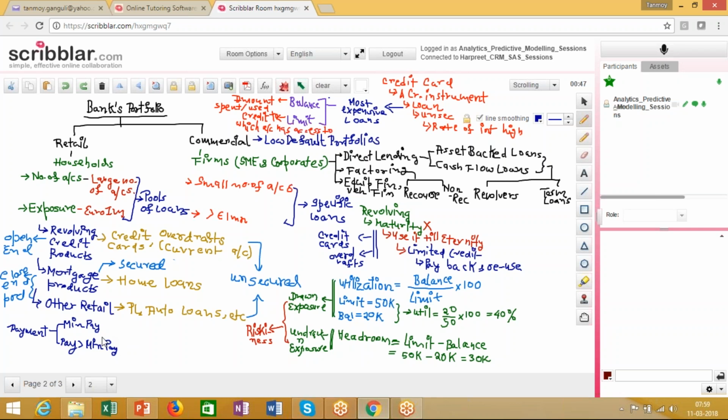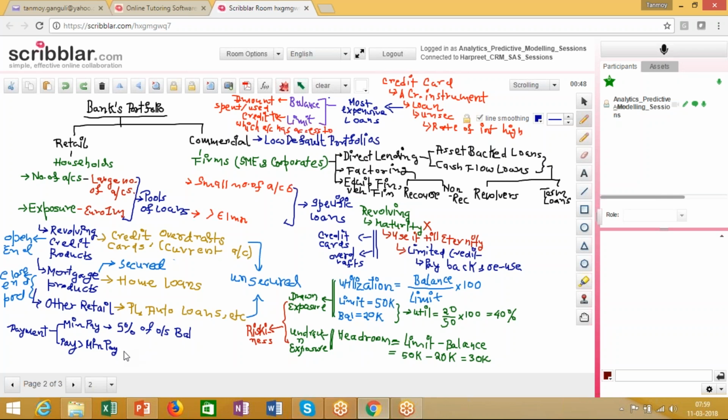If a minimum payment is a payment which is 5% of the outstanding balance, you just need to pay back 5% of the outstanding balance and you can actually revolve your credit, right?